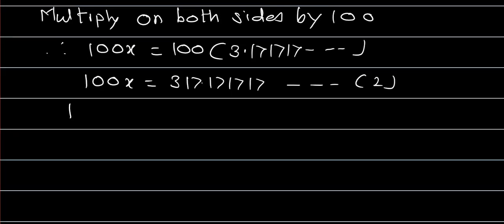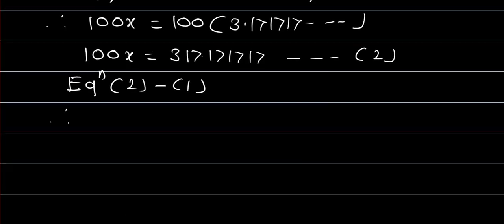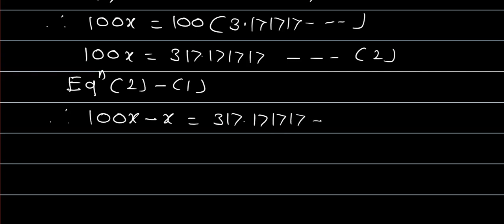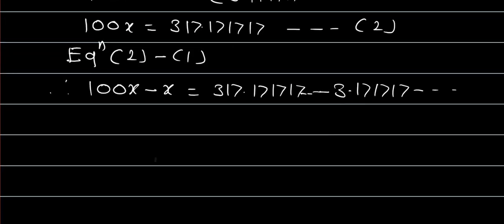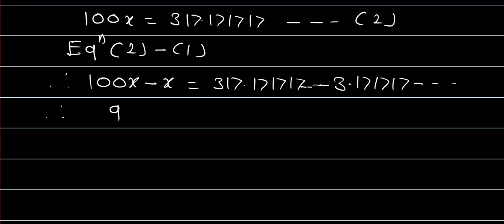Now equation number 2 minus 1. 100x minus x equals 317.171717 minus 3.1717. Therefore, after subtraction, you will get 99x equals 314.